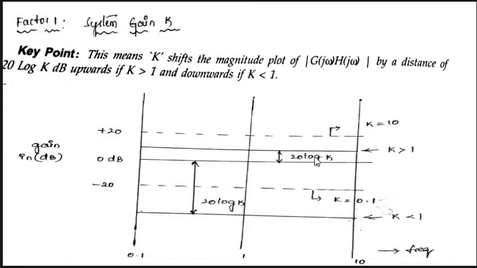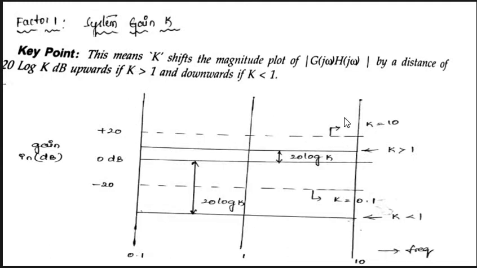This solid line is the magnitude plot for 20 log k if k is greater than 1. We draw it above the 0 dB line at a distance of 20 log k. This is the formula. For example, if k is 10, substitute k equal to 10 in 20 log 10. The value is plus 20 dB, so the line is drawn at plus 20 dB. This is the magnitude plot for k equal to 10.